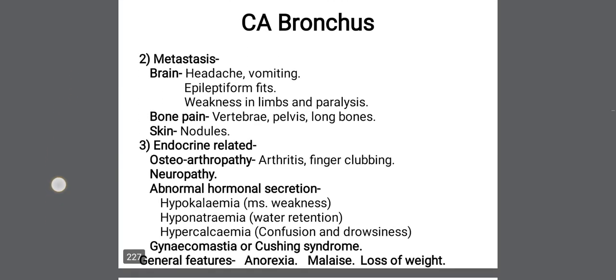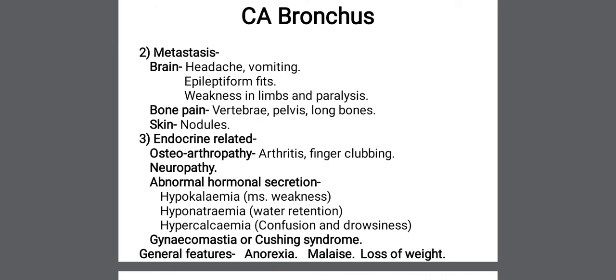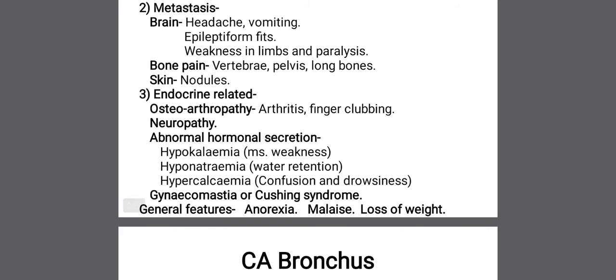Then next are symptoms due to metastasis. When the brain is involved, there will be headache, vomiting, epileptiform fits, weakness in the limbs and paralysis. When bone is involved, there will be bone pain, and when skin is involved, there will be nodule formation. And the last are endocrine related symptoms, like arthritis, finger clubbing, and carcinomatous neuropathy.